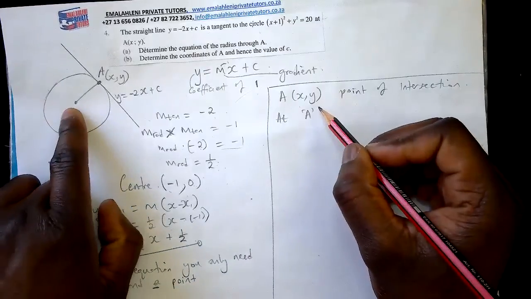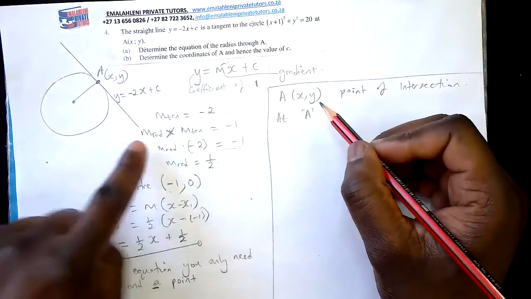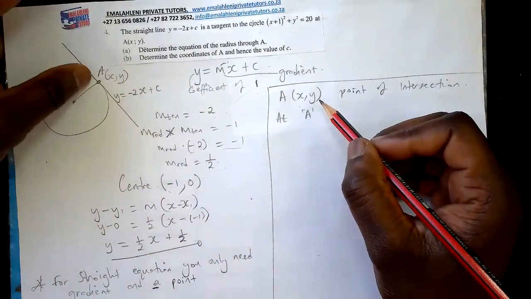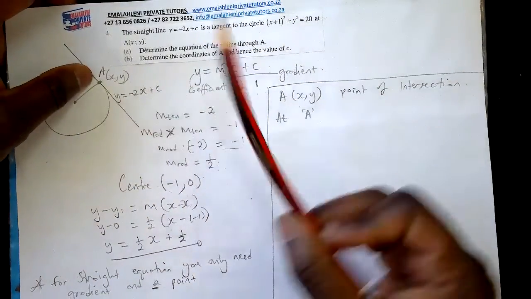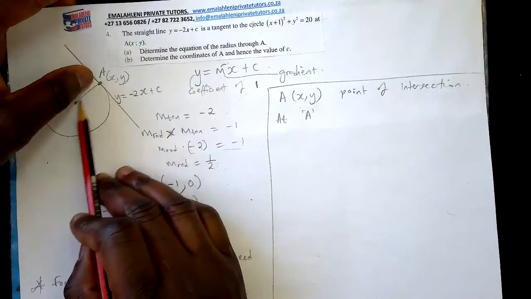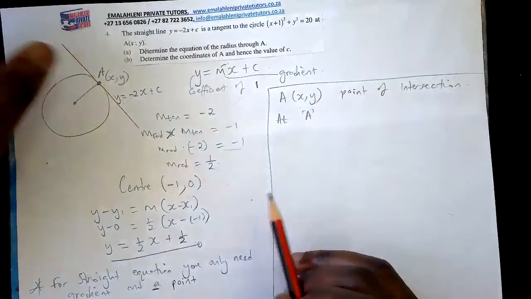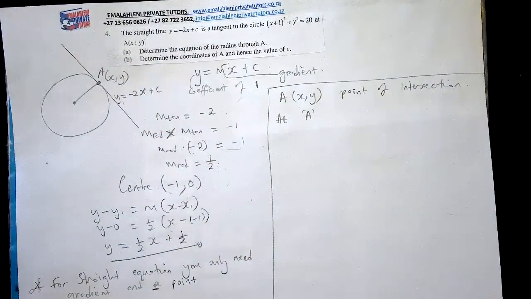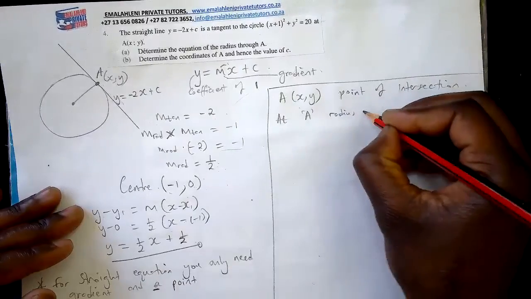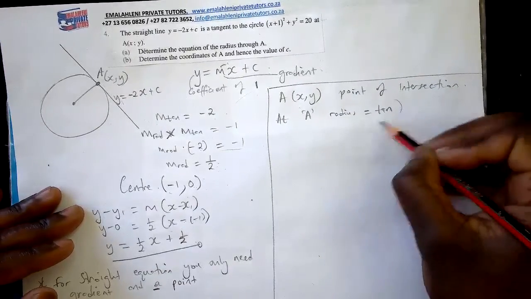We know that at A, the radius and the tangent are equal. At A, your radius equation is equal to your tangent equation.